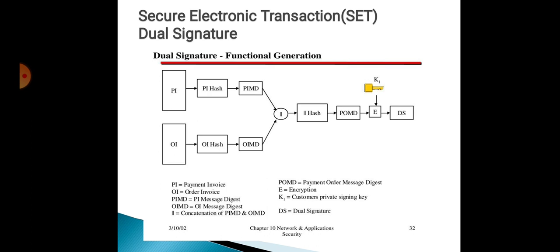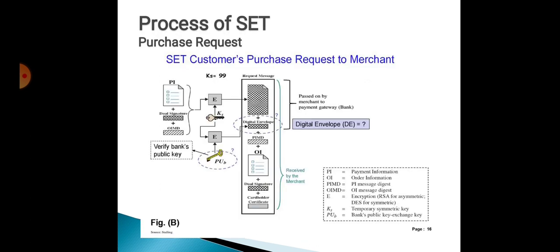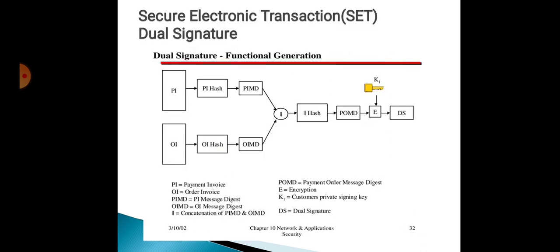So you can see the generation of dual signature. There is a PI, payment information, and second is order information. Both are hashed.